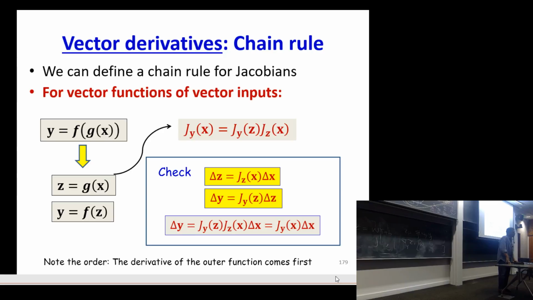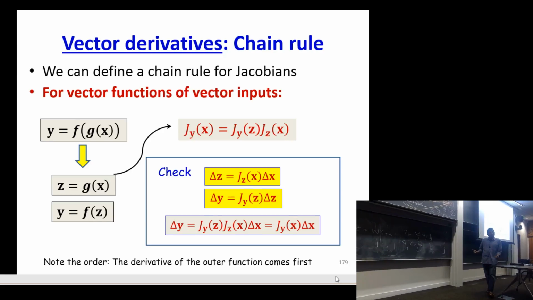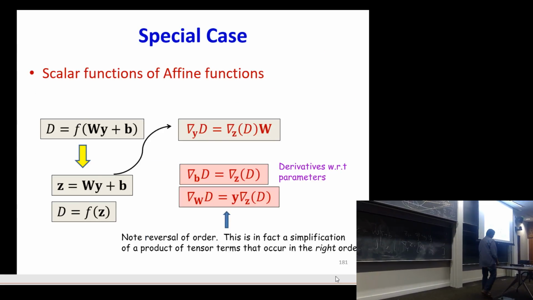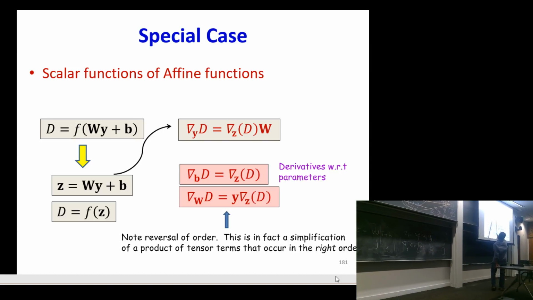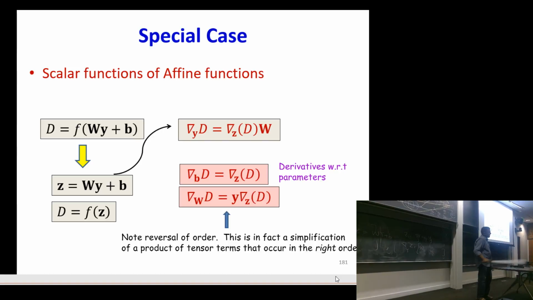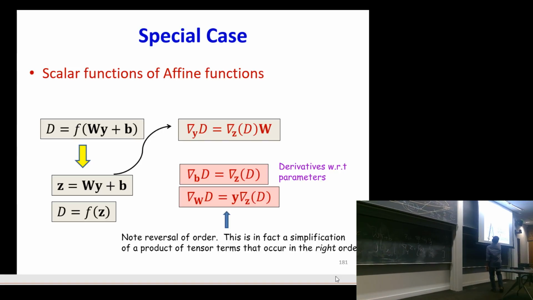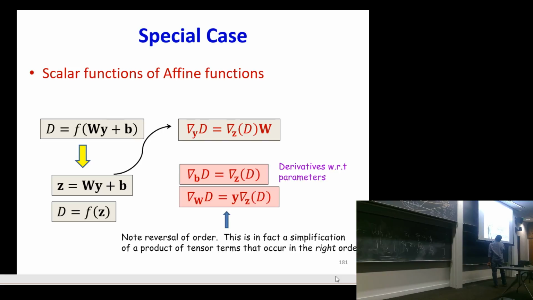So now, special case. This is really important again. Let's say I have d as a function of an affine combination. What is the derivative of d with respect to y? That's first going to be the derivative of d with respect to this affine combination, which is the gradient, times the derivative of the affine combination with respect to y.